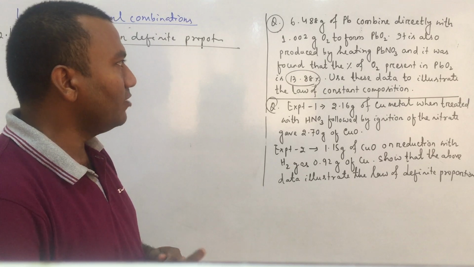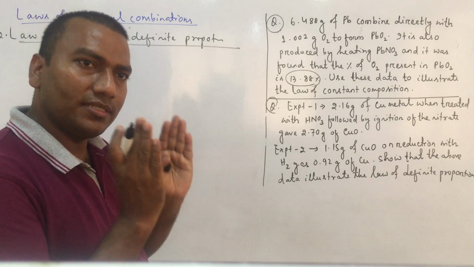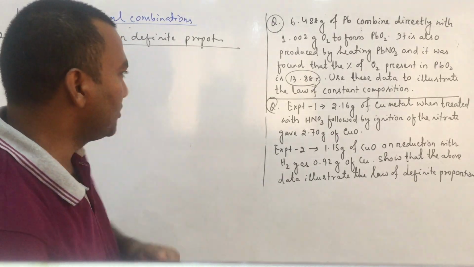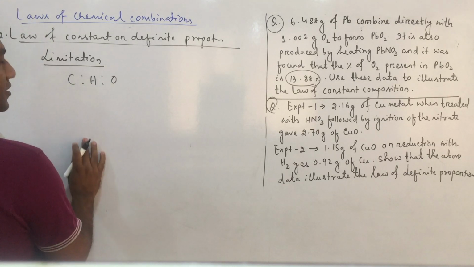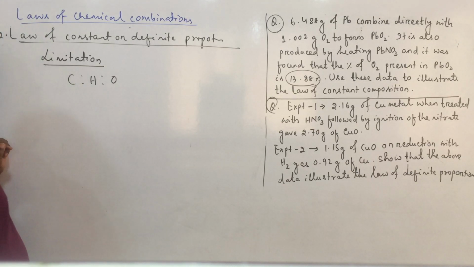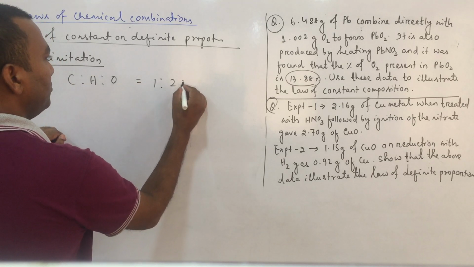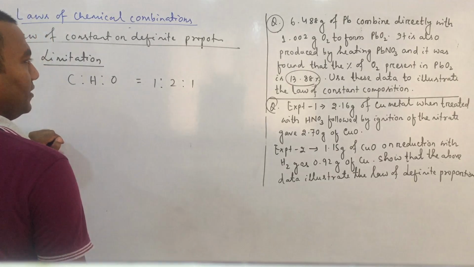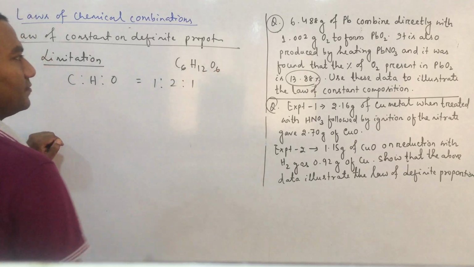Clear? Second one is, suppose different elements combine in fixed proportion, but the compound formed will be different. Suppose you see carbon, hydrogen, oxygen. Suppose the ratio is 1:2:1, that means the compound will be C6H12O6.